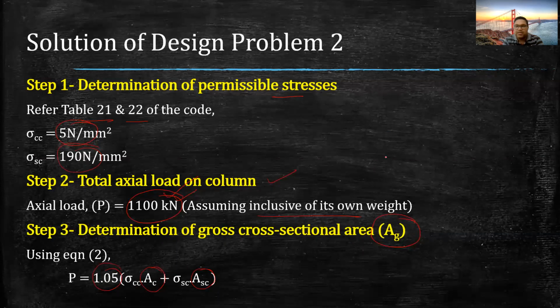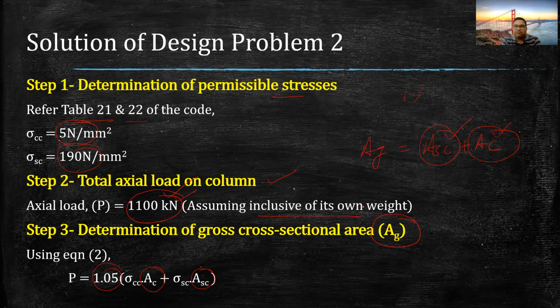As I have explained earlier also, AG is the summation of ASC plus AC. ASC is the area of steel in compression and AC is the area of concrete. So here first we will assume the percentage of ASC, say 1%. So it means 99% of AG will be AC and 1% of AG will be ASC.